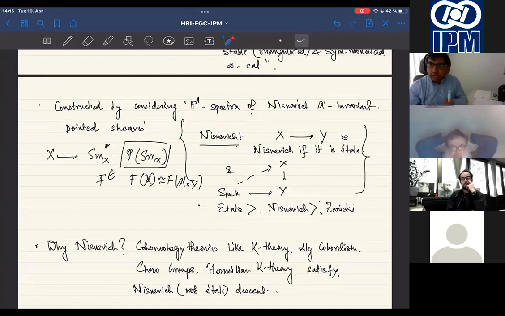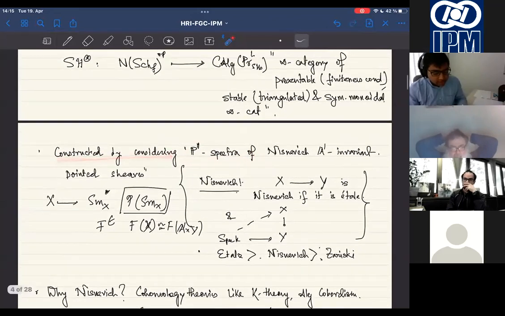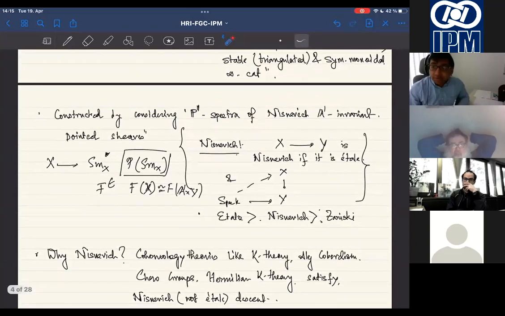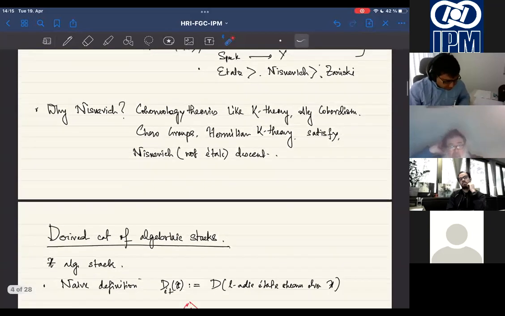So you do a similar kind of process, and you consider all these objects. These are objects inside my SH of some scheme. So that's a very, very brief idea. If I had to describe this, I would have to go into detail. So that's the most I can try to say for the moment.